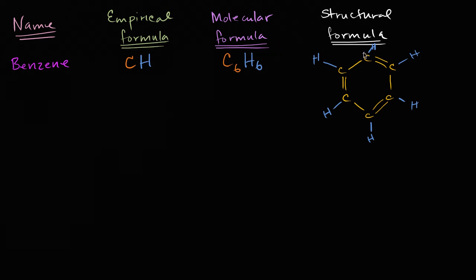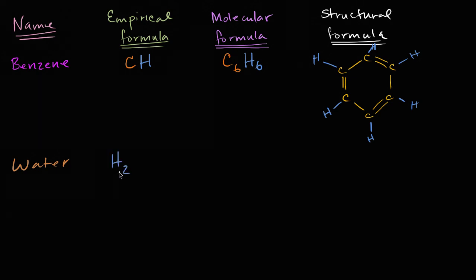Now, I want to make clear that empirical formulas and molecular formulas aren't always different. Sometimes the ratios also show the actual number of each of those elements in the molecule. A good example of that would be water. Water, we all know, has 2 hydrogens for every oxygen. I'm using blue again for hydrogen.